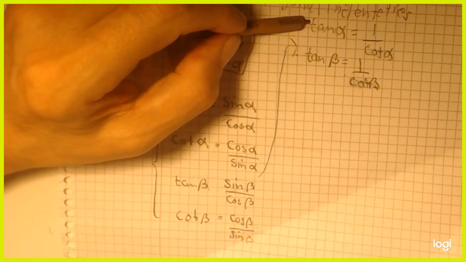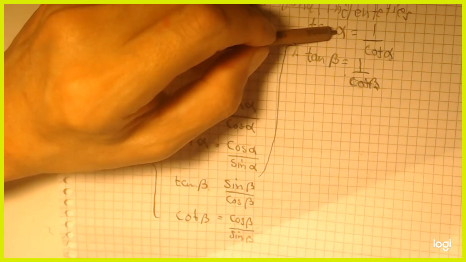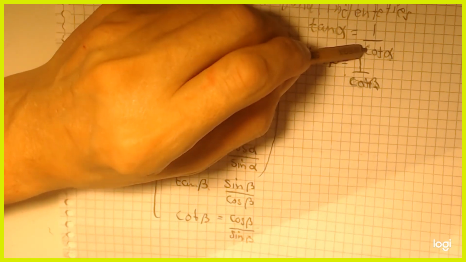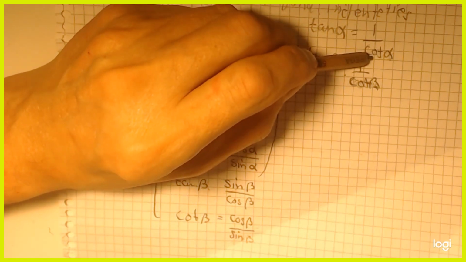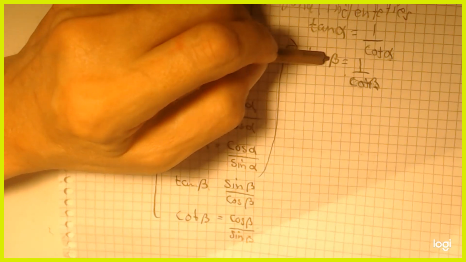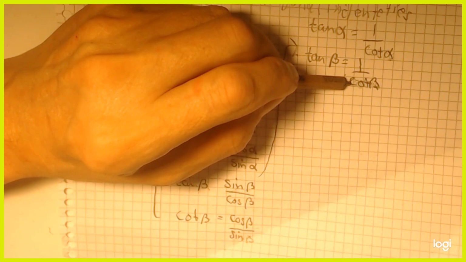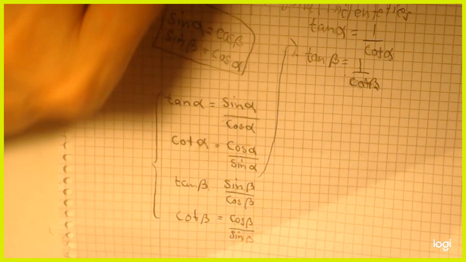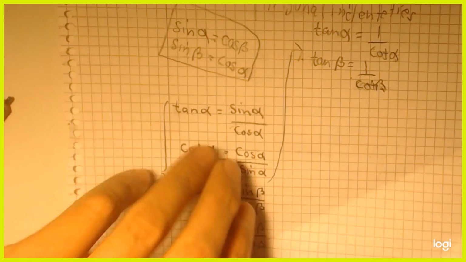And we have up here tangents alpha is equal to 1 divided by cotangents alpha, and tangents beta is 1 divided by cotangents beta. These formulas are very, very important.